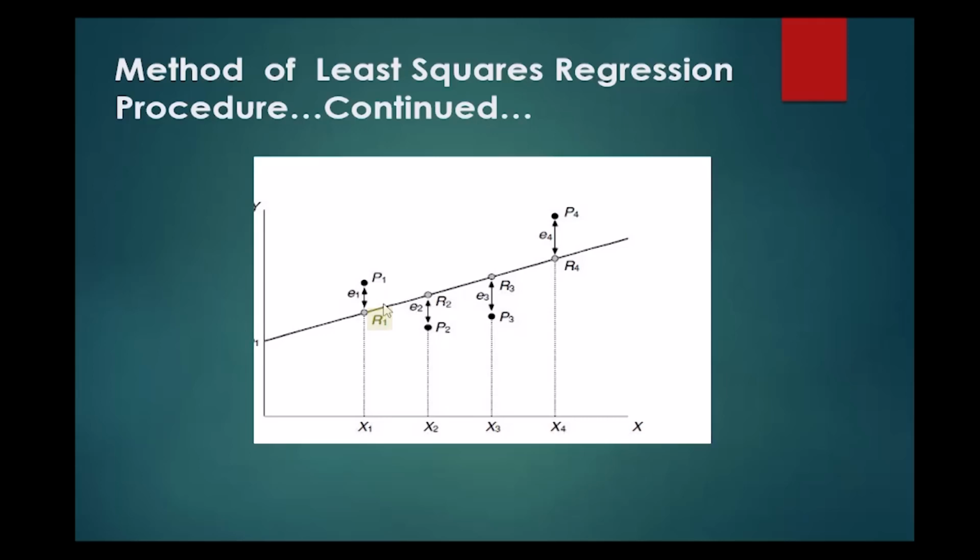R1 is on the fitted line, showing the predicted value, and P1 is exactly the observed value. If the difference between P1 and R1 is on the rise, then the extent of the error is rising, and this needs to be minimized. In this way, the minimization problem comes up, and since this difference can be either positive or negative, we sum up the squared errors, and thereby we go for the estimation procedure.